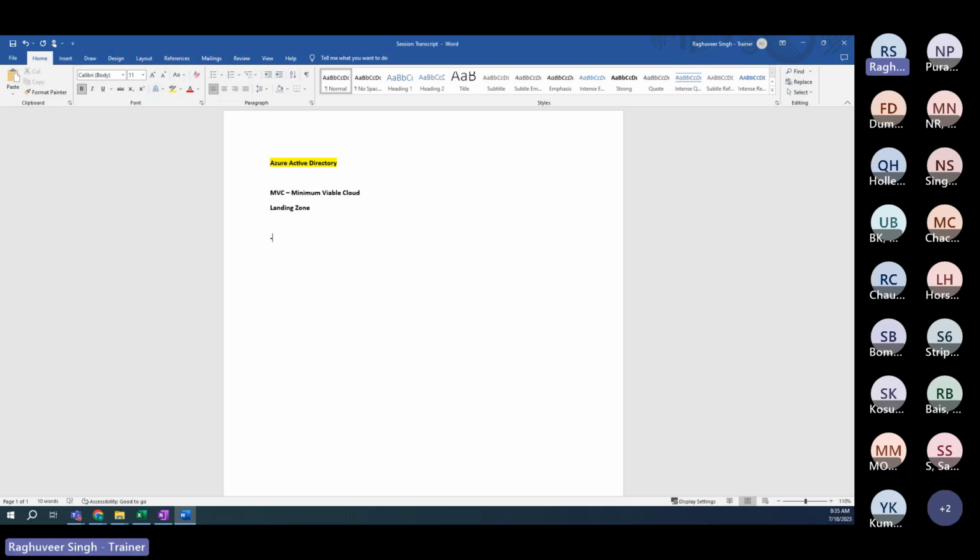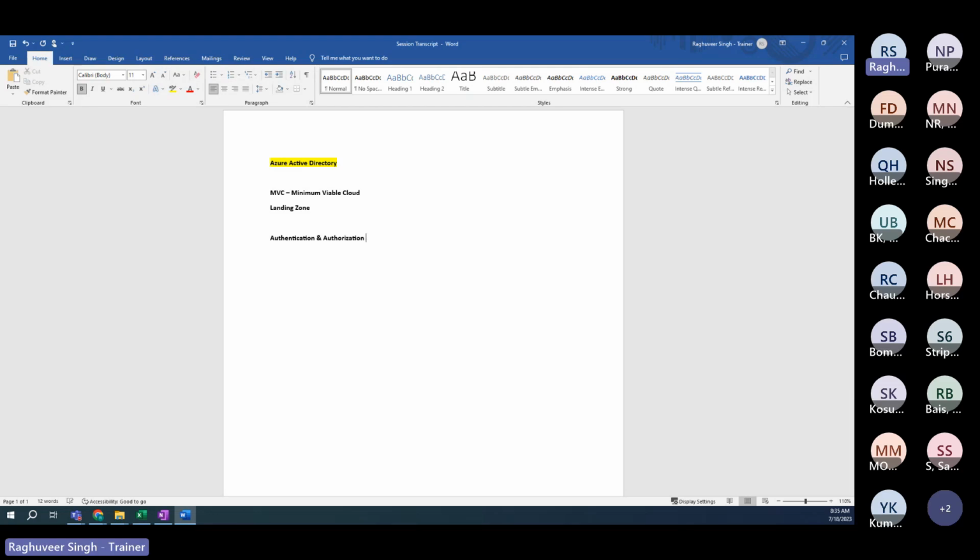That's what minimum viable cloud or landing zone is. Now, what are those basic services that you need to have? The very first service that you need is one using which you can do authentication of various users who are trying to connect to the cloud, log into the Azure portal, and you can also do authorization.